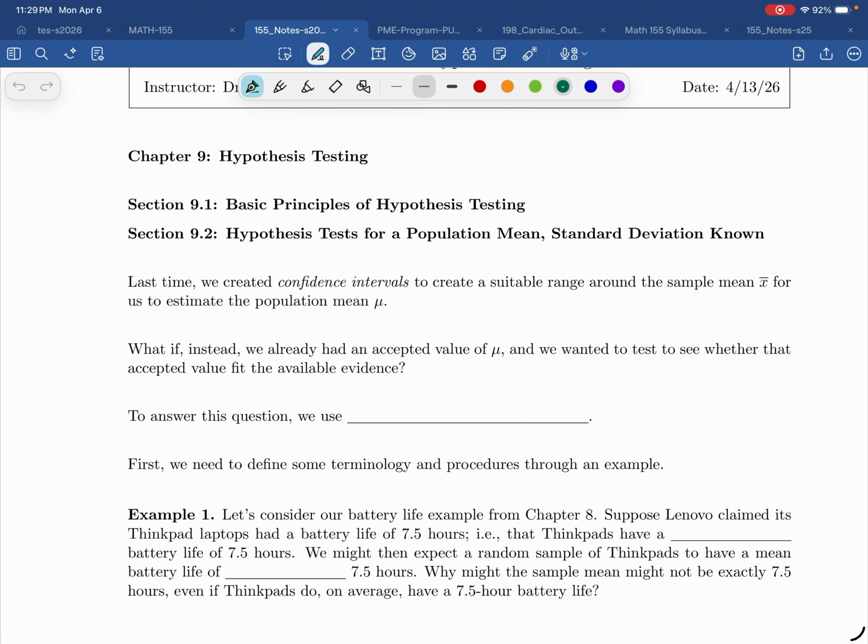Here, we're going to have a preconceived notion of what the population mean already is, and we're going to collect data and decide whether the data contradicts that presupposed population mean or not. And the technique is called hypothesis testing.